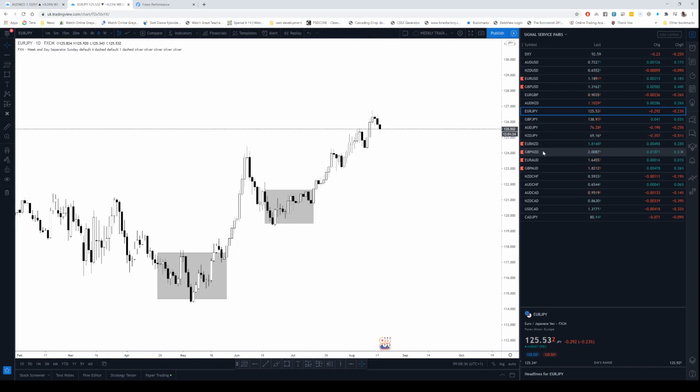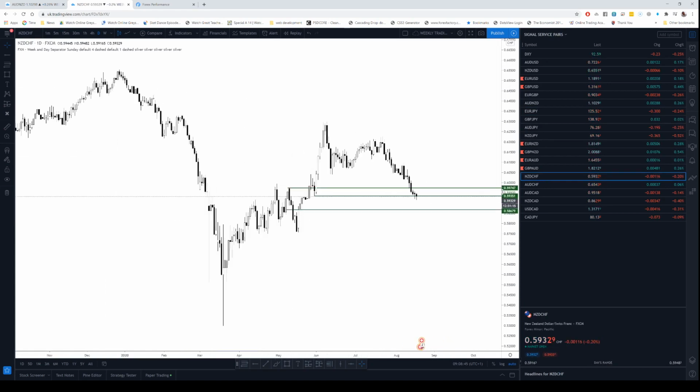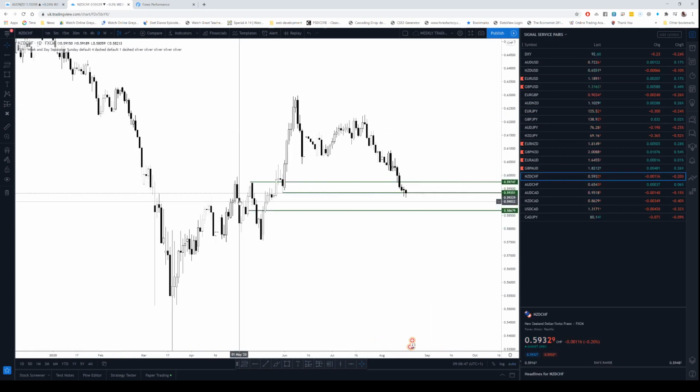Another one that we did enjoy was New Zealand Swiss. We were in a consolidation in here. Price was taking highs, coming back down, taking lows, coming back up, taking highs, coming back down. That's consolidation.